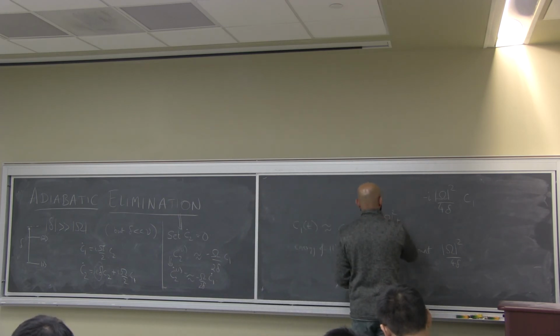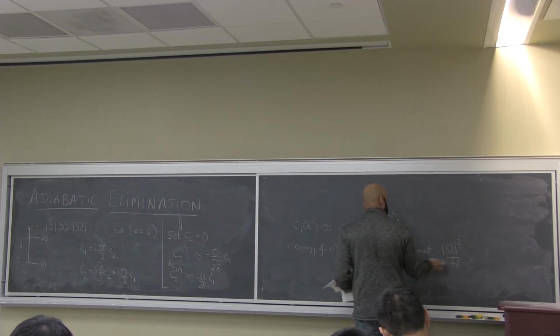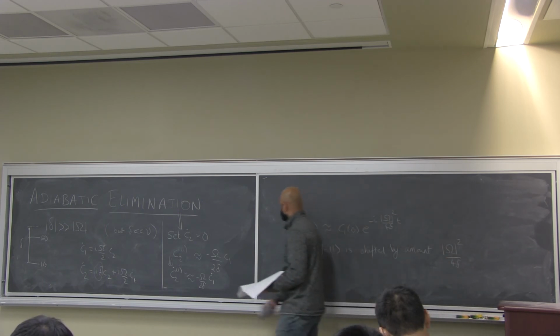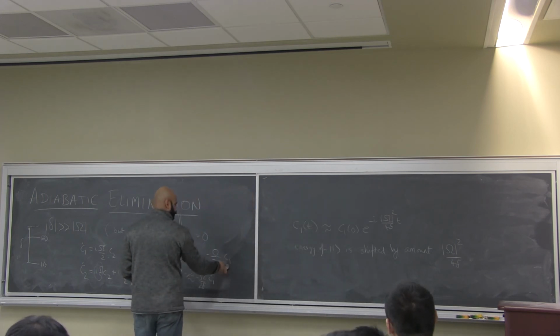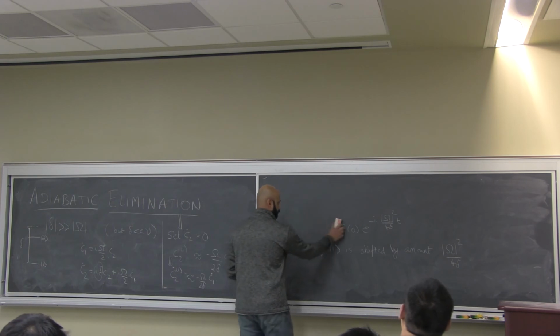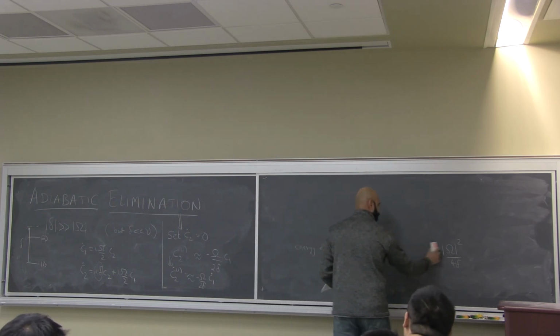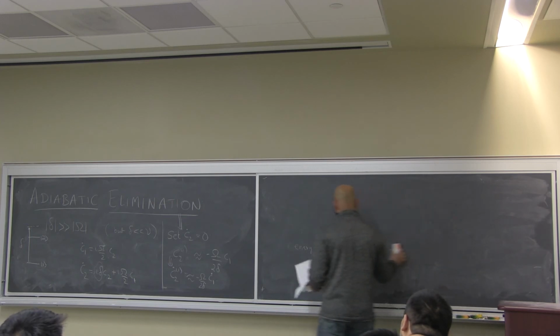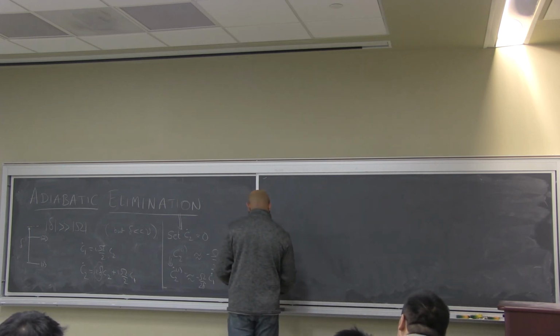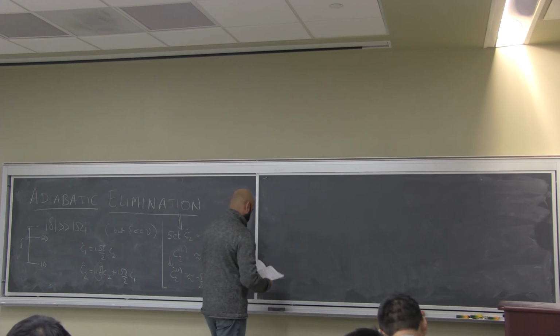So the first order solution is simply C1 is shifted by the energy omega squared over 4 delta, and C2 will adiabatically follow C1. The limits of this approximation will be pretty clear once I do this.